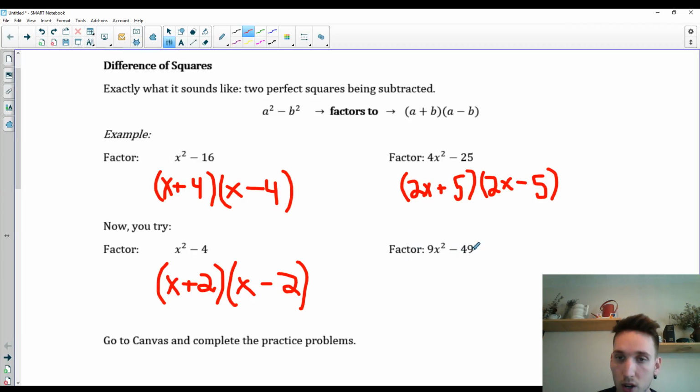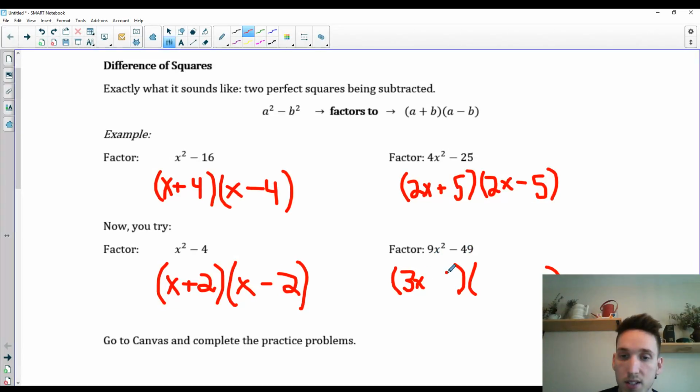So difference of squares. Yep, 9 is a perfect square. x squared is a perfect square. So we're good here. 49, that's 7 squared. So we've got ourselves a difference of squares. We know it's going to be a binomial times a binomial. Square root of 9 is 3. Square root of x squared is x.